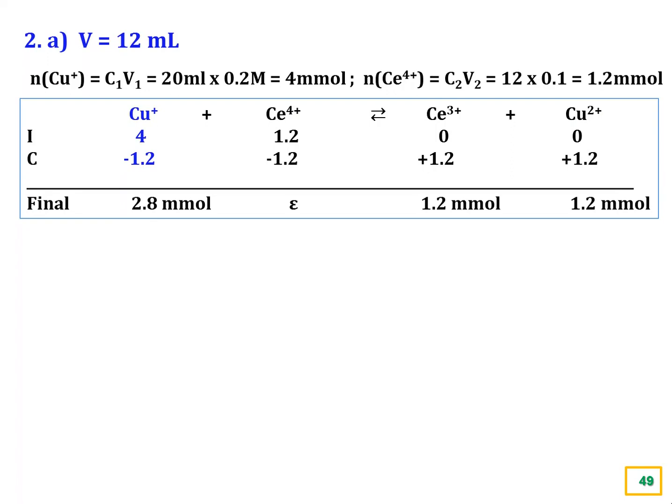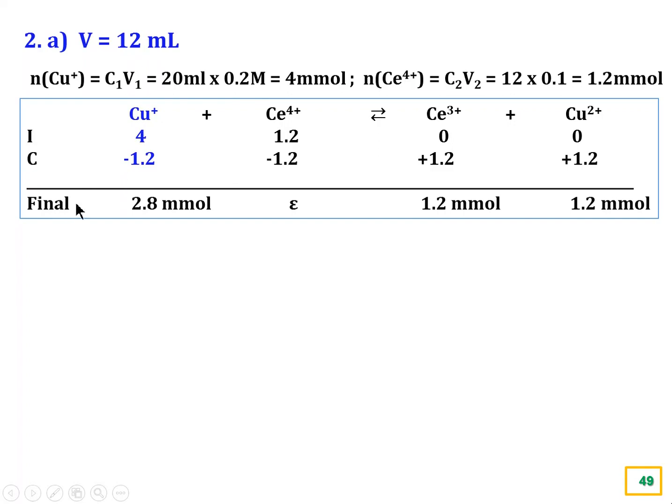So we construct the table of conversion. At t equals 0, we have 4 millimoles of Cu+ and 1.2 millimoles of cerium 4+. Cerium 4+ will be limiting since the volume added is before equivalence.